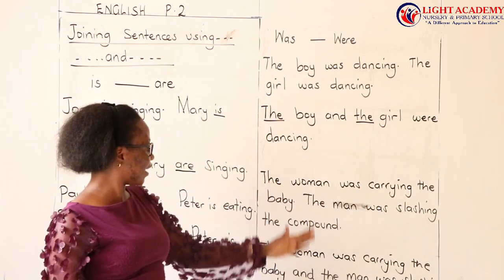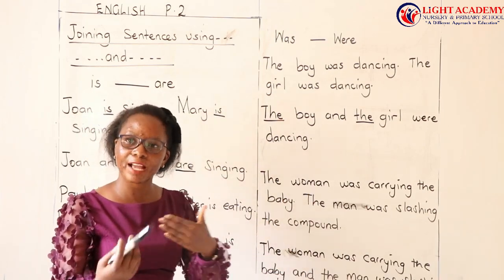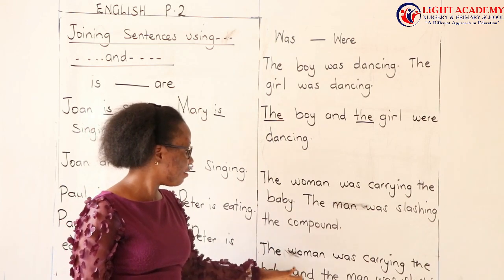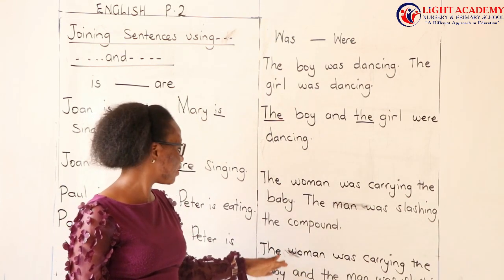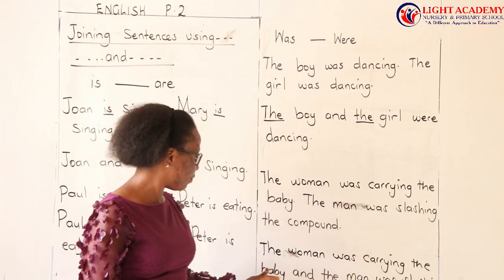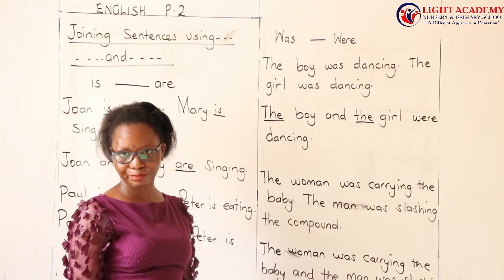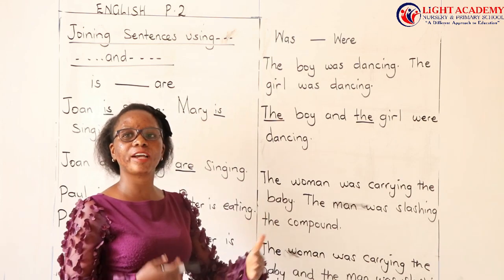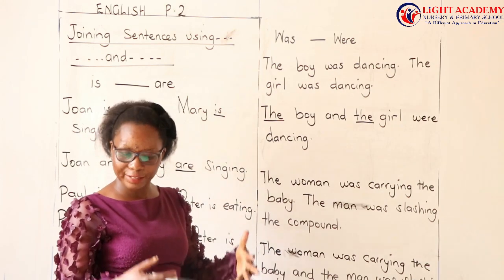The man was slashing the compound. So these are two different activities. So here, the was does not change. So the answer becomes the woman was carrying the baby and the man was slashing the compound. Full stop. So that is how we can use the word and to join some sentences.